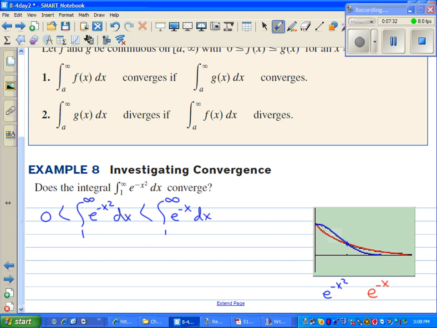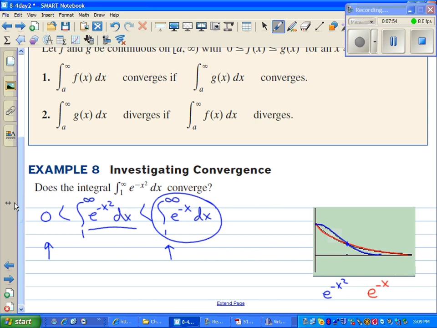Now because e to the negative x squared is positive all the time, it's really squeezed in between 0 and the integral of the simpler version, e to the negative x. So if this converges, then the original must converge because it's in between 0 and the value that we can find.